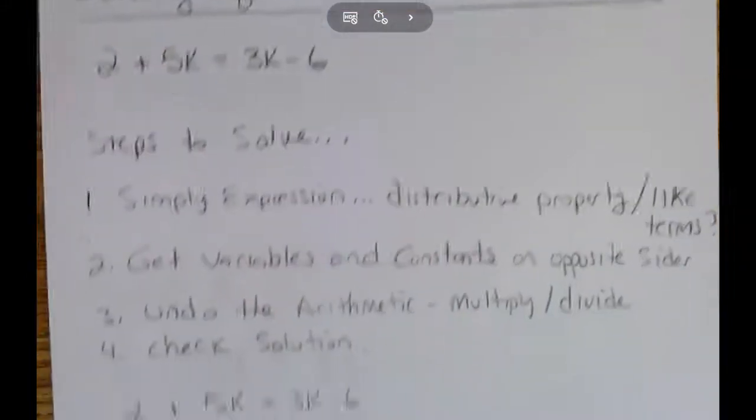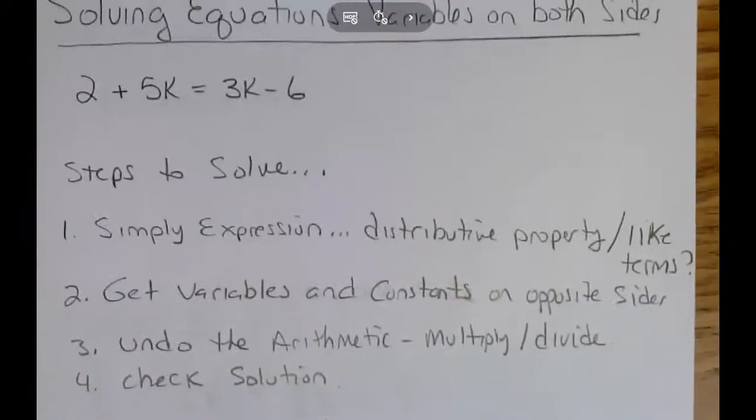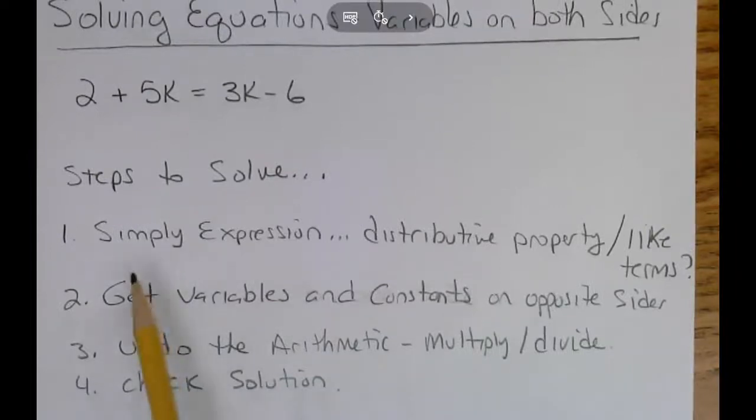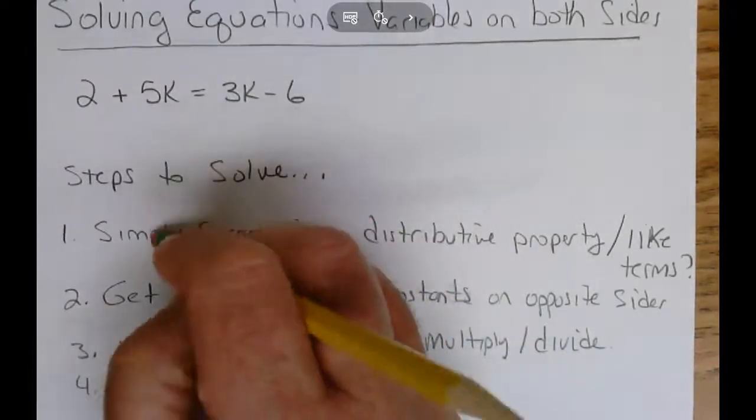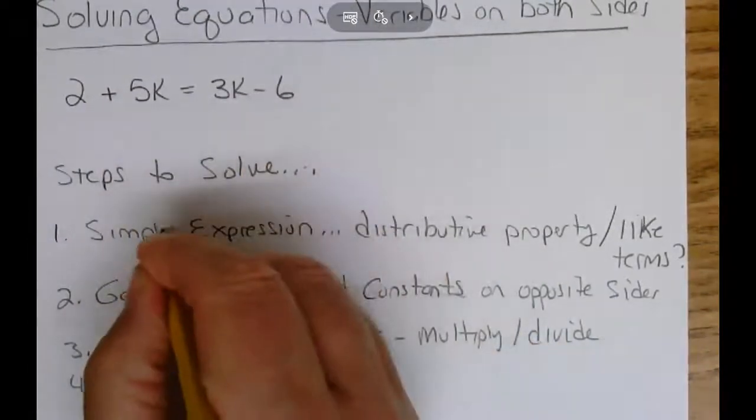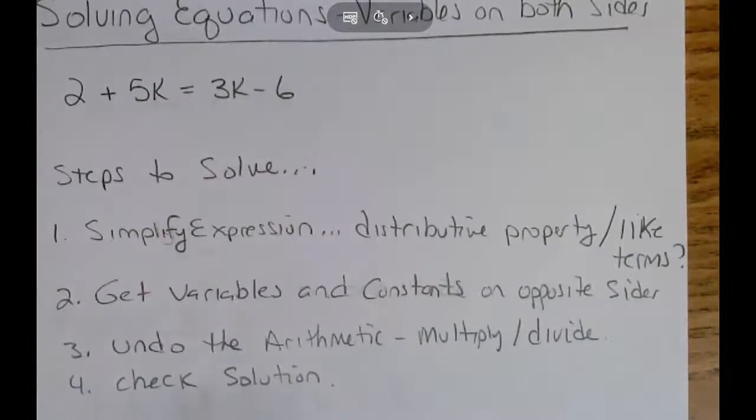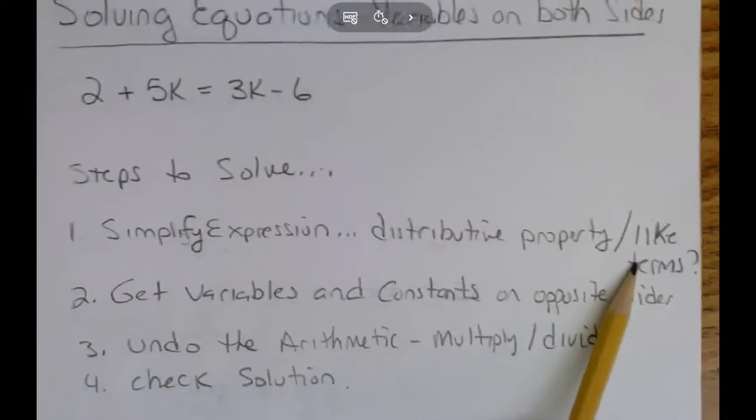So to solve, here are the steps you need, and then we'll solve this equation. First, simplify the expression, using things such as the distributive property and collecting like terms if they're on the same side already.